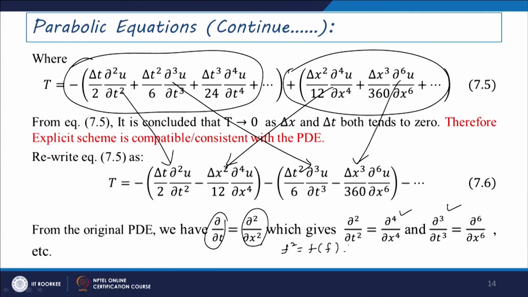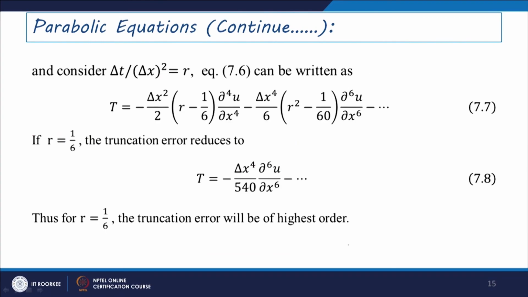And if you consider del t by del x square equals r here, then equation 7.6 can be reduced to the form minus of del x square by 2 into r minus 1 by 6 del to the power 4 u by del x to the power 4 minus del x to the power 4 by 6 into r square minus 1 by 60 del to the power 6 u by del x to the power 6 minus the rest of the terms.